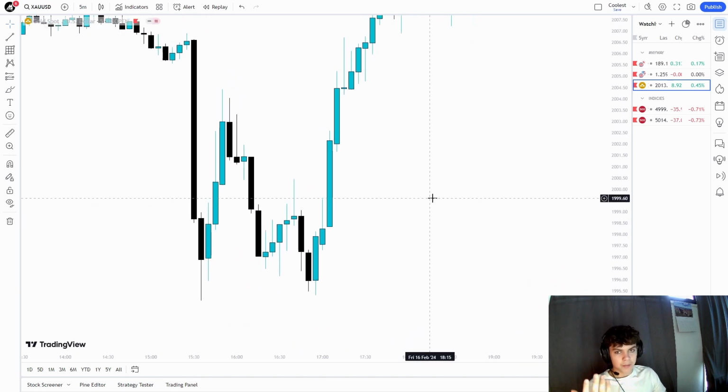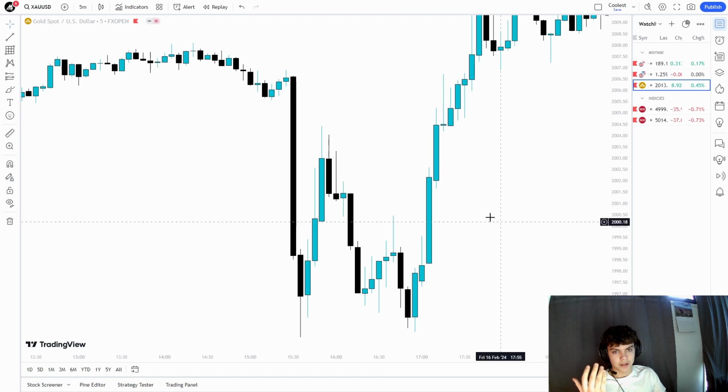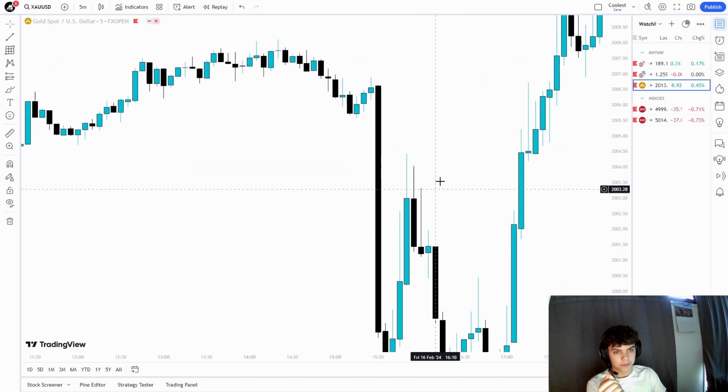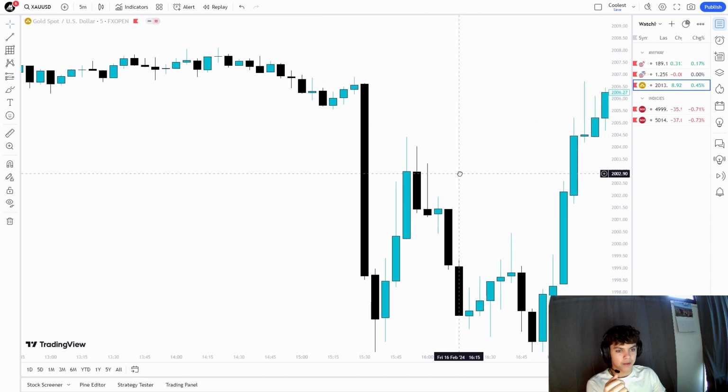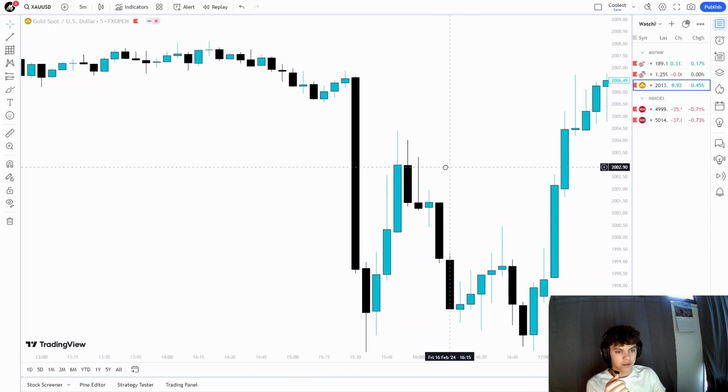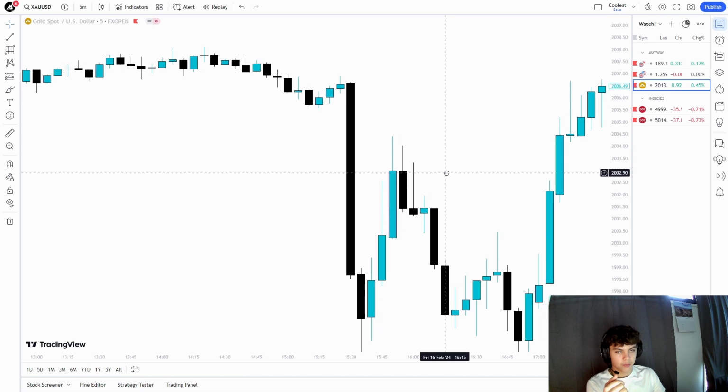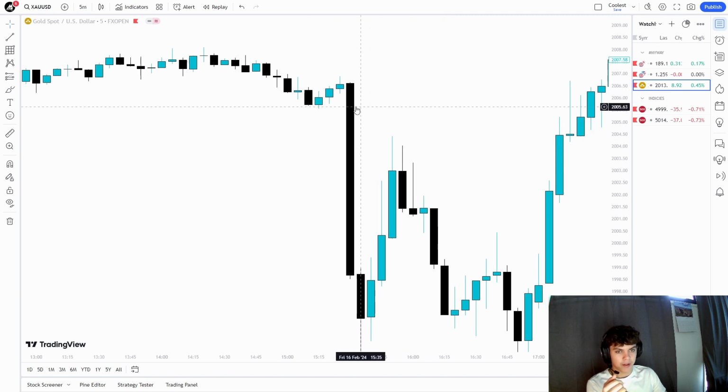Fair value gaps are actually really easy to find. For example, here, I currently don't have the replay mode, but look at this. Where do you think is a fair value gap? What happened here? Look at this big candle move to the downside.